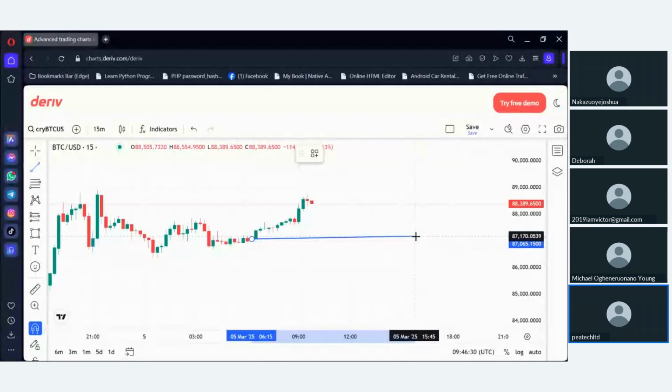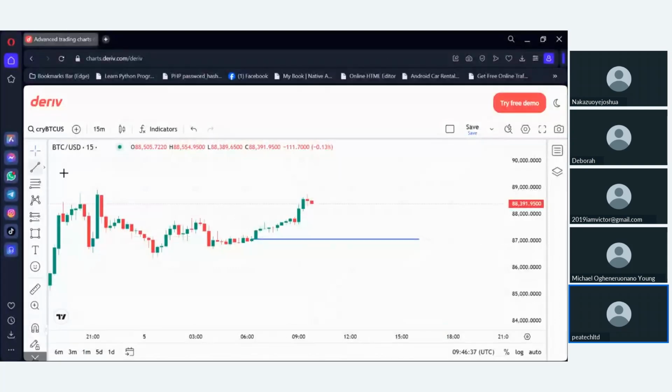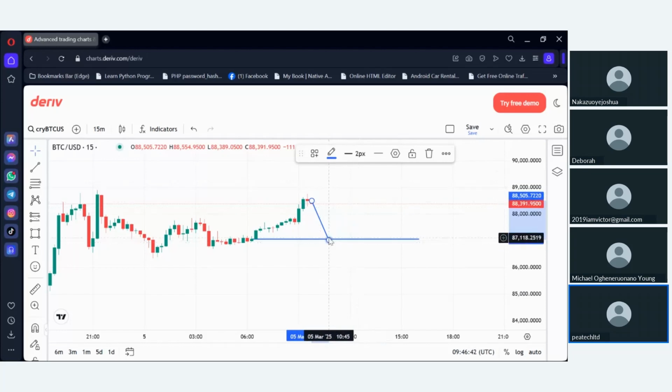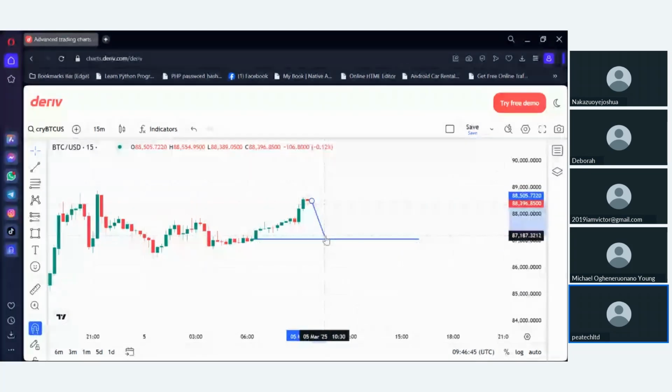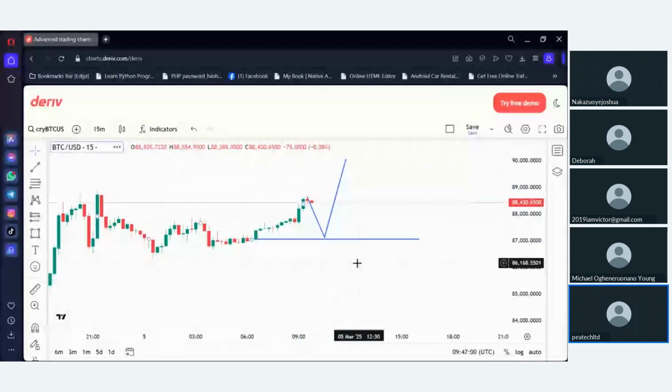I expect the market to get to maybe a point like this, and what I expect the market to do is to come down, then start going up, right? So you expect that when the market comes down to this point, it should immediately start going up again. That is what buy limit is. So buy limit is so that you can buy it from that point.